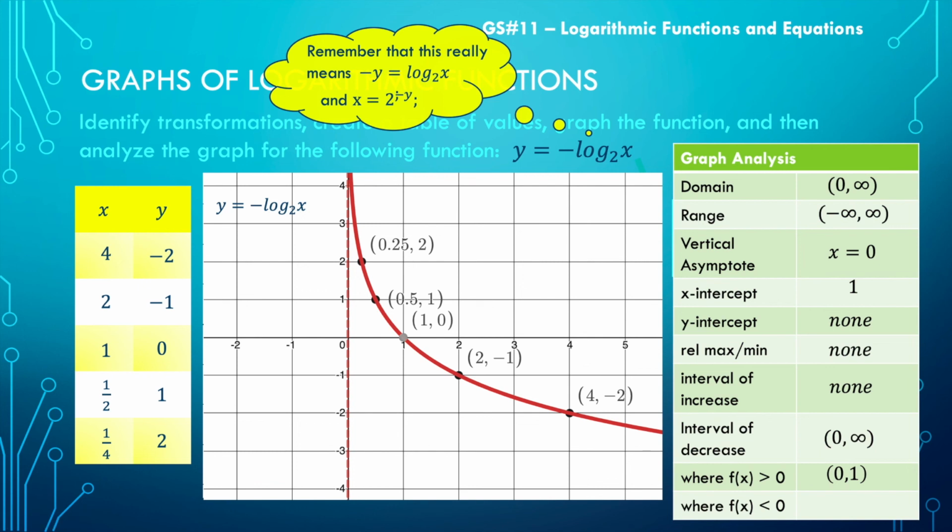And then where is the function less than 0? That's everything that is below the x-axis. So that's going to be the domain of this portion of the graph, which is going to be from 1 to infinity. Okay, so that wraps up our discussion about the graphs of logarithmic functions.